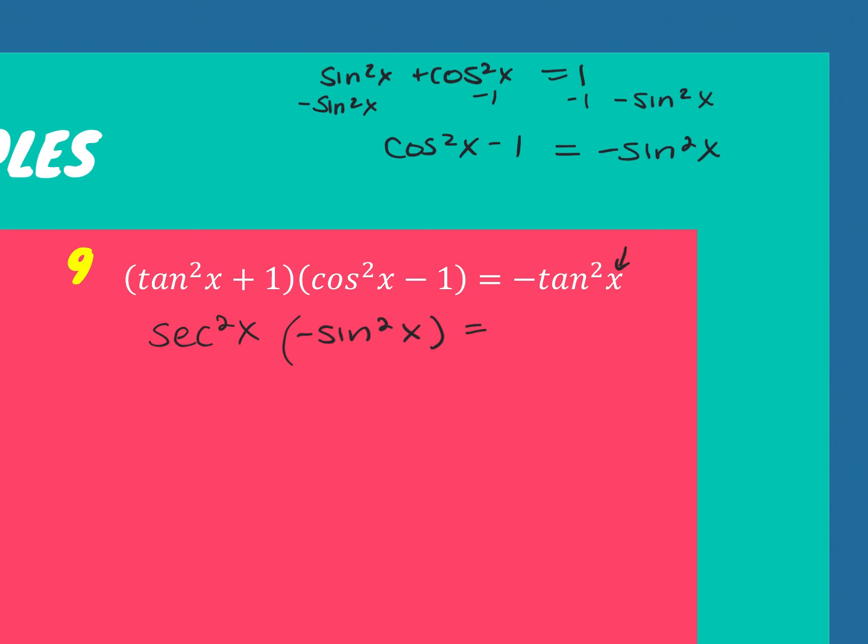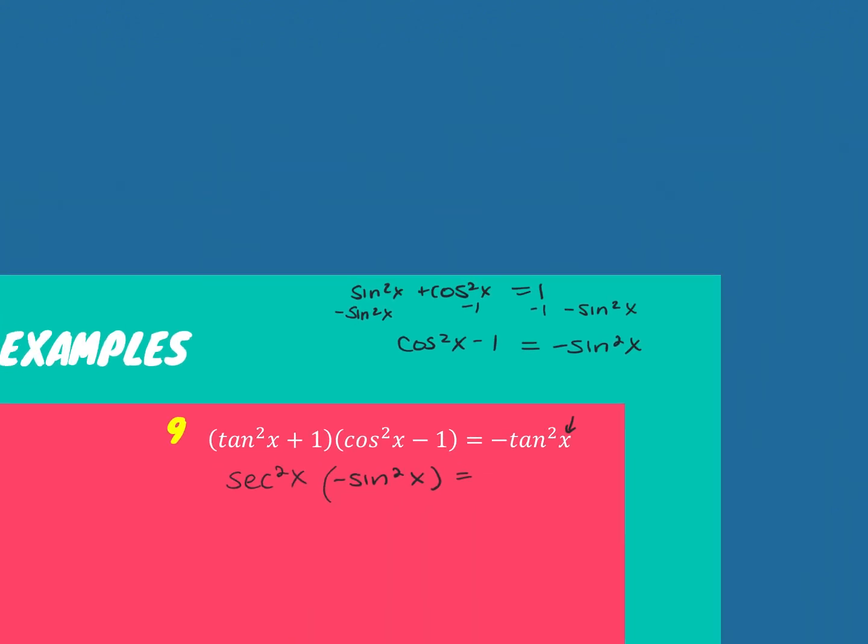So if it said tan squared negative x, that's the same thing as negative tan squared of x. Tangent, cotangent, sine, and cosecant are like that. Cosine, you just lose the sign. It goes right back to positive. Cosine and secant.